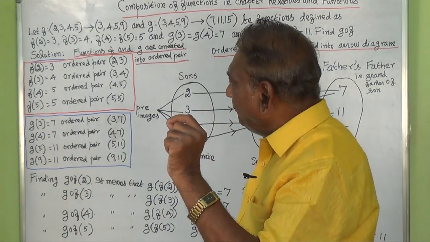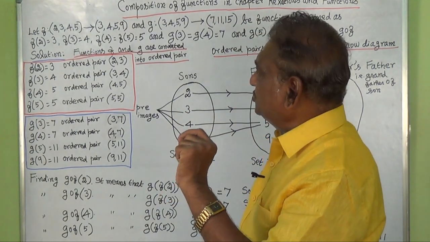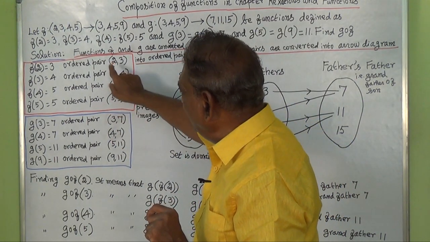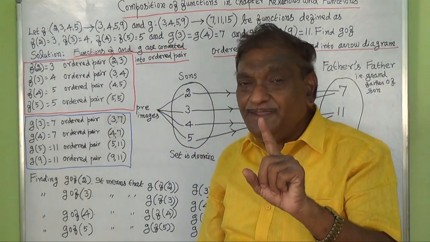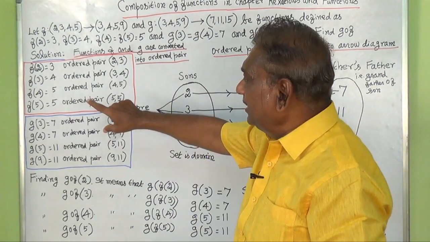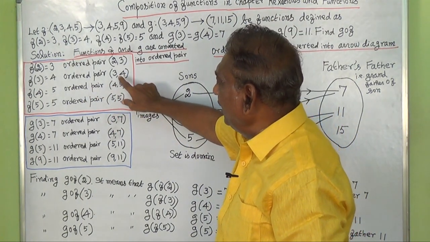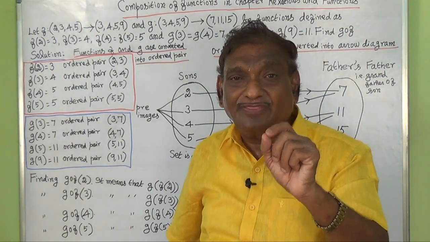In the ordered pairs of function f, the first element 2 is imagined as son and the second element 3 is imagined as father. In the case of the second ordered pair (3, 4), the son 3 is having the father 4.